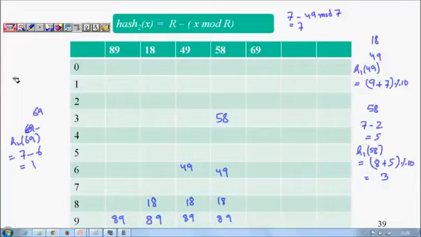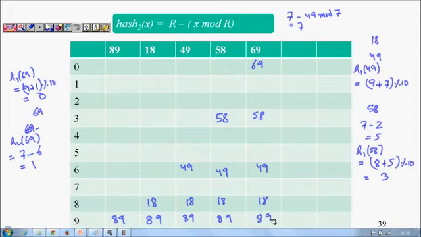So h1(69) becomes (9 plus 1) modulo 10, which is 0. So 69 goes to cell 0. This is how the table looks after these insertions.